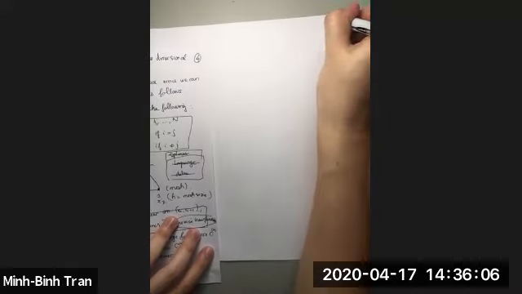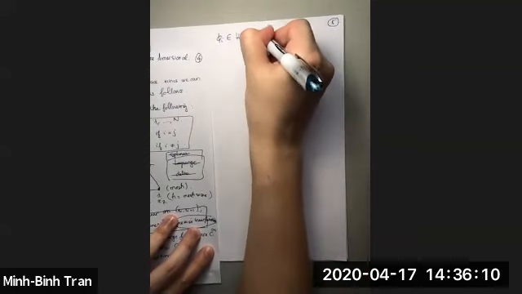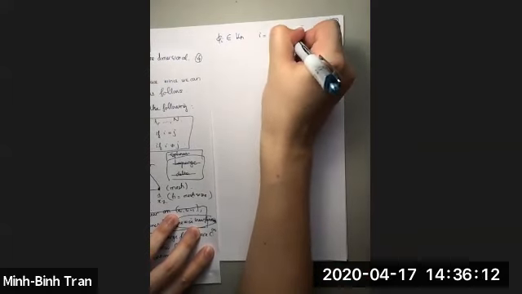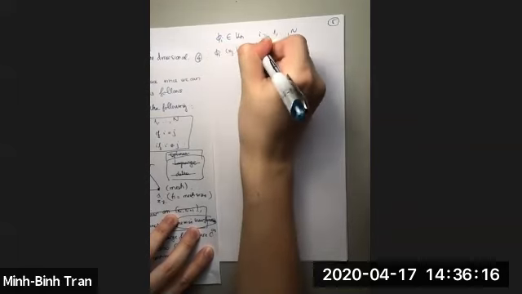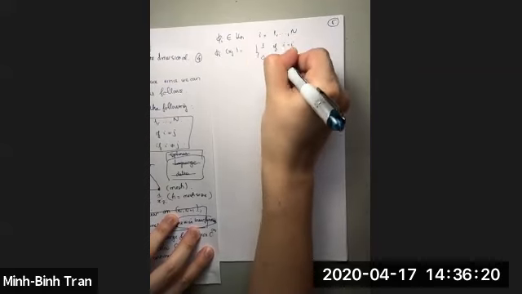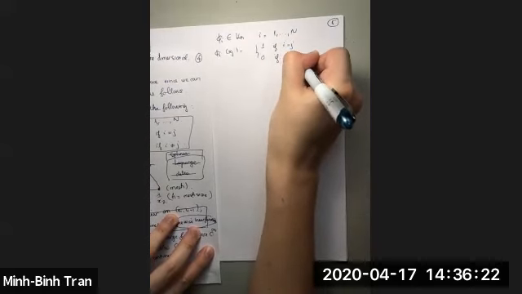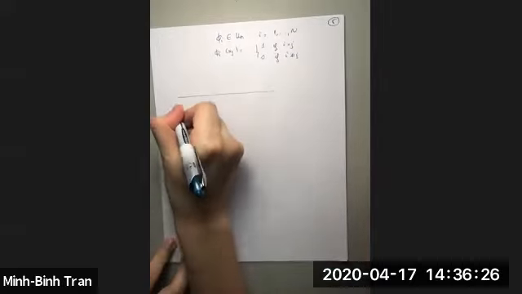So I explain again. Phi_i belongs to H_h, with i from 1 to n, and phi_i(x_j) will be 1 if i is equal to j, 0 if i is different from j, right? So this is 0 and 1.